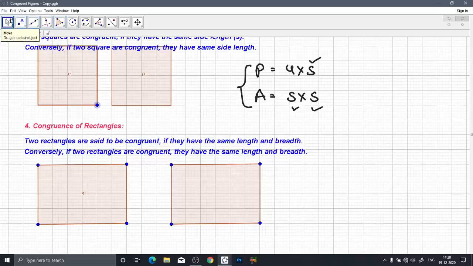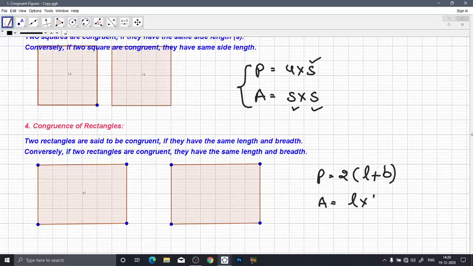If you observe the formulas of a rectangle, the perimeter will be 2 times of L plus B, and the area will be length into breadth. In both the formulas, L and B should be the same to become congruent to each other.